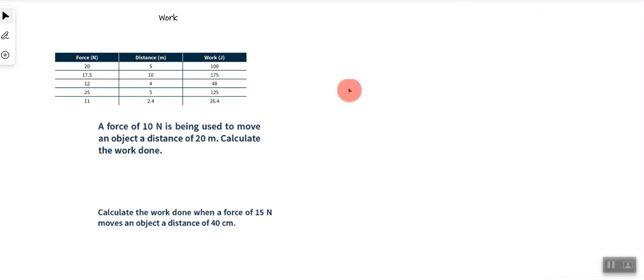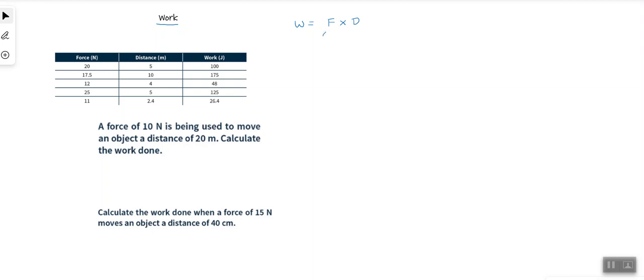Okay, so let's look at some examples of calculations that you could be asked to do when you're dealing with this property of work. So again, the first thing we'll do is write down our formula. Work is going to be equal to force, and remember, force is in newtons, multiplied by distance.